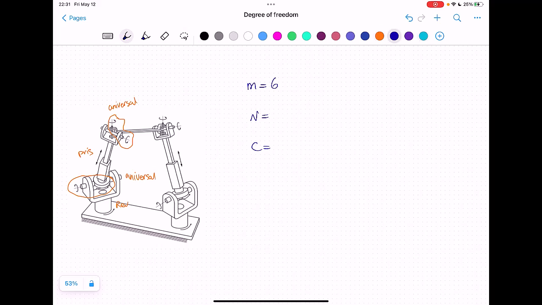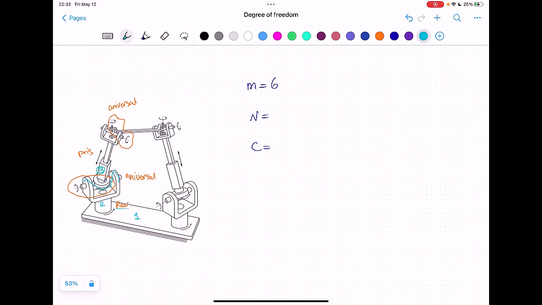Now we can count the number of links much easier. As you see, we have a revolute joint here, so it connects at least 2 links. In here we have our first link, and here we have our second link. And this entire shape actually includes our second link that's connected with a slider.